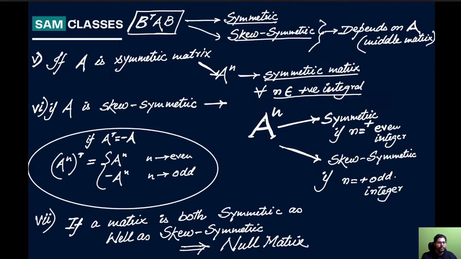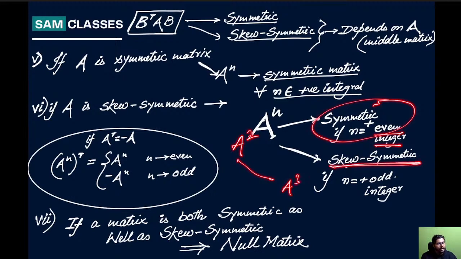Now next, any doubt? Okay, clear. Now, sir, you said this for symmetric. What about skew-symmetric? If A is skew-symmetric, then it depends on whether the power is even or odd. If it is an even integer, like A square, then directly put symmetric. If it is an odd integer, like A cube, skew-symmetric. Clear?